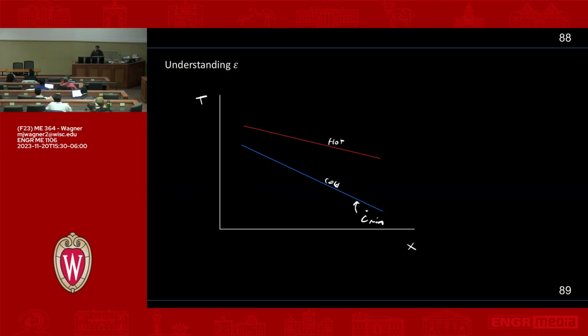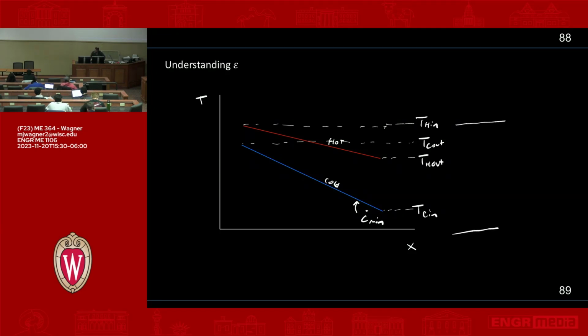So then how does this relate to effectiveness? Well, let's map this out a little bit. Let's map it over this way. We have these 4 temperatures that we're worried about. This is TH in, this is TC out, this is TH out, and this is TC in. So delta T max, the maximum amount of delta T in the system, is this, right?